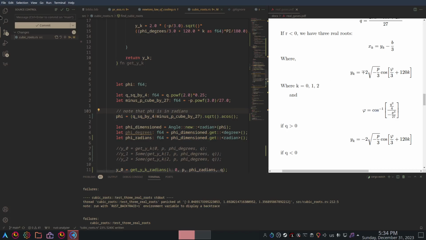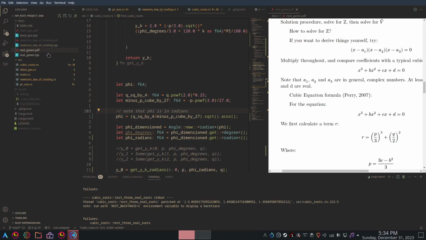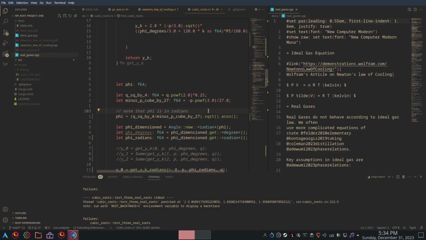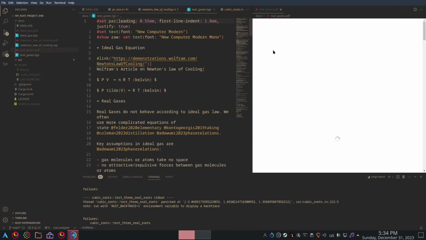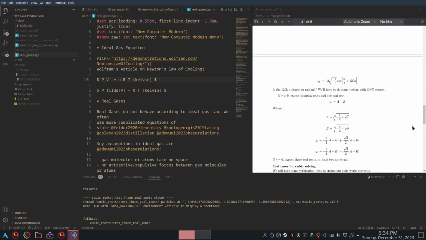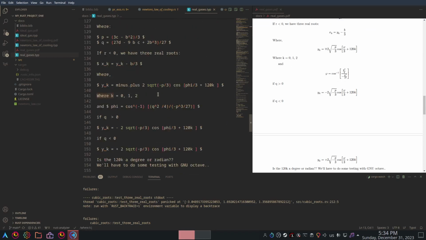Okay, this is the real gases.pdf file. So let's go to the real gases.typ and put this here, where k equals all of this, and the cosine inverse. So this is fine.